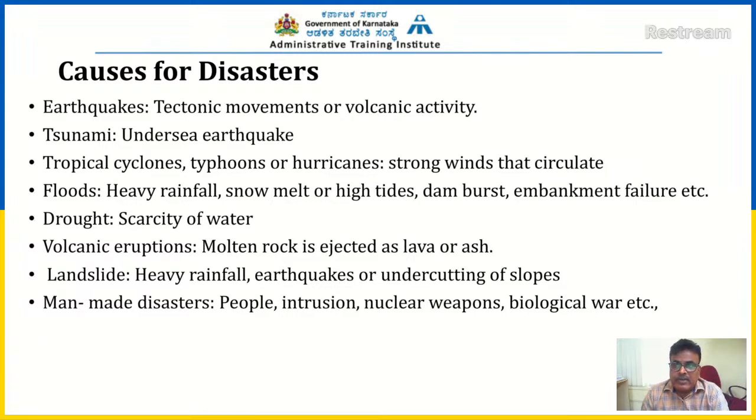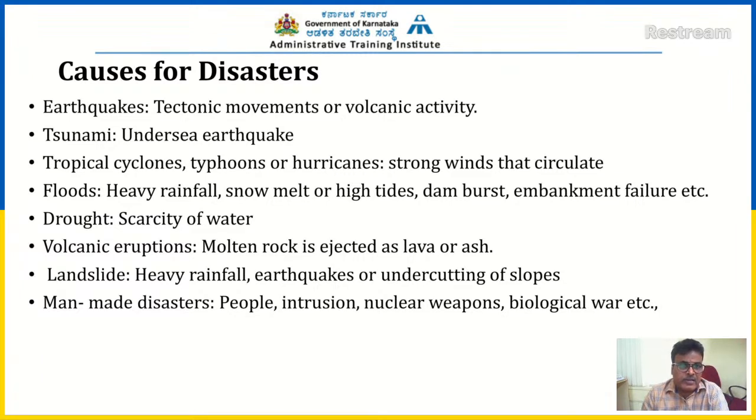And we come to floods. Floods happen due to heavy rainfall, as everybody knows, and also snow melt, high tides, dam bursts, and embankment failures. Embankments are generally not properly maintained by the concerned officers in the department.